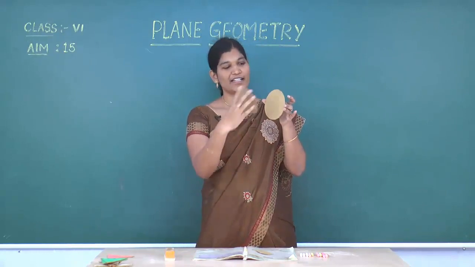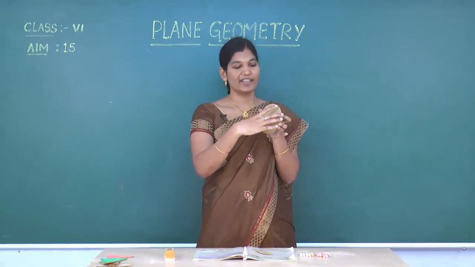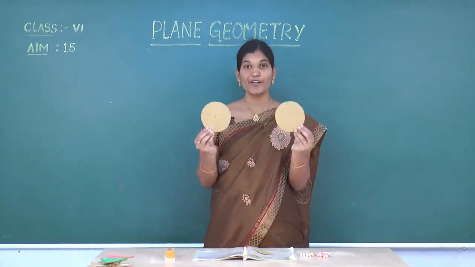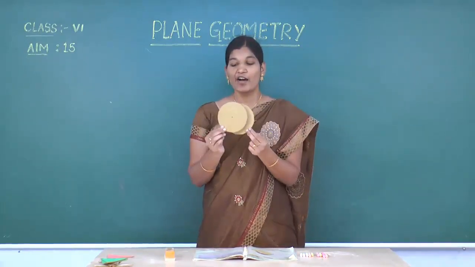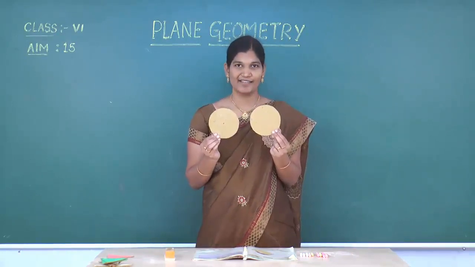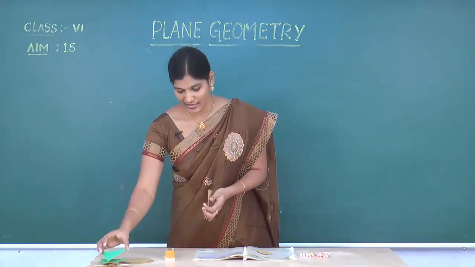They coincide with each other. So these two figures are said to be congruent. Similar figures as well as congruent. That's why all congruent figures are always similar to each other. Now I am going to take two triangles.